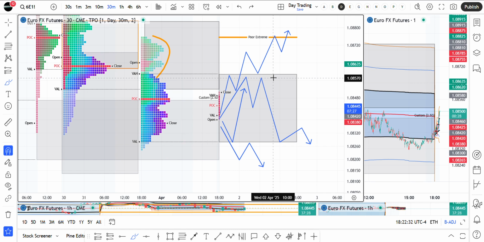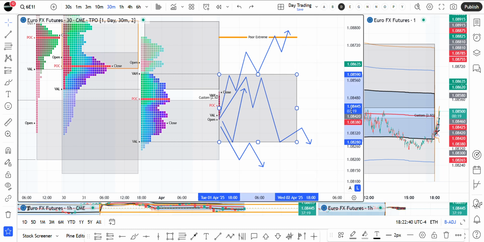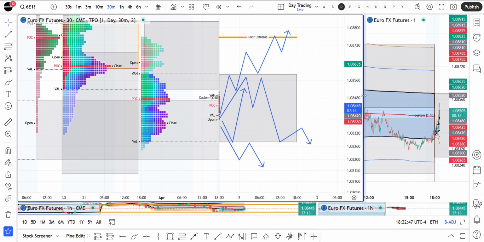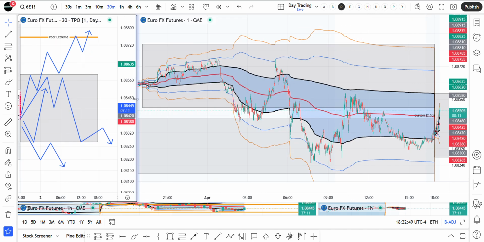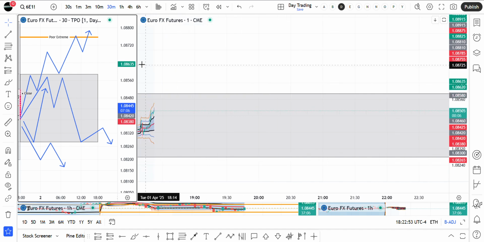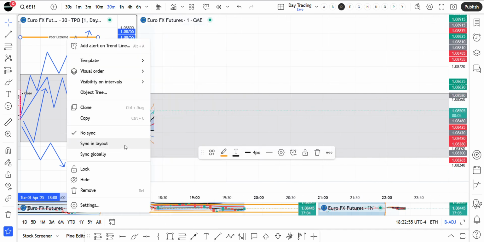Okay, let's remove that. And now let's transfer this over to all the layouts. Sync in layout, and you'll see it pops up over here. And also want to do the poor extremes.